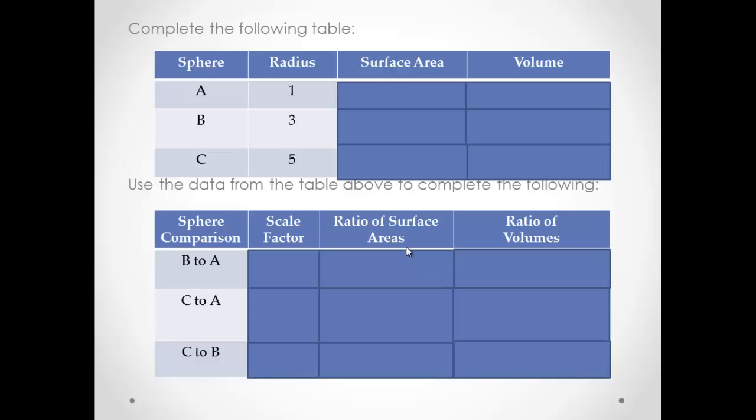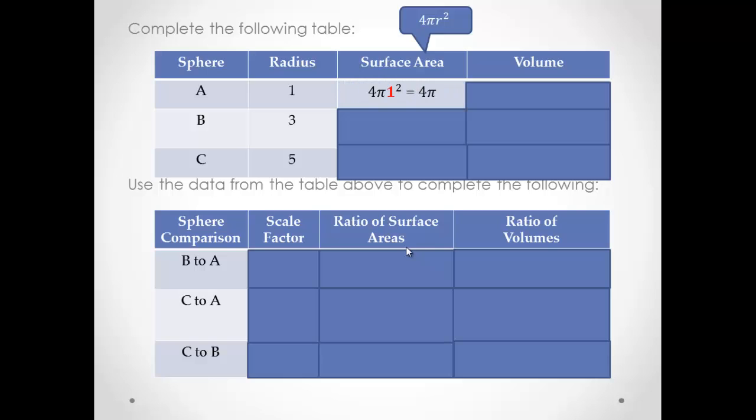Okay, so let's look at this, and what we're going to start off with is comparing the surface area and volume of specific spheres. So we're told the radius of sphere A is 1, B is 3, and C is 5. Reminder, how we calculate surface area of a sphere, we use the formula 4 pi r squared. So all we're doing is substituting in our radius where the r is.